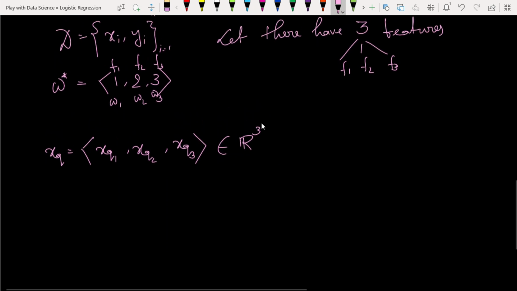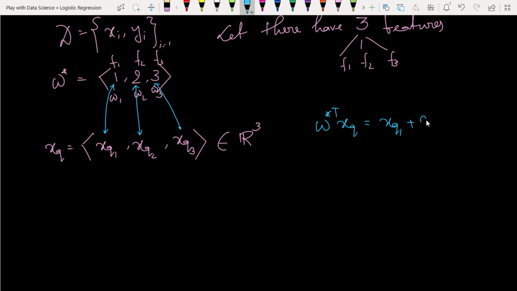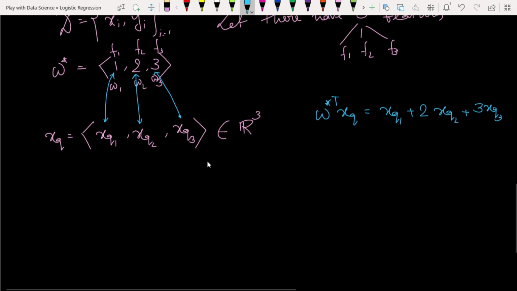If we want to calculate the multiplication of w star with xq, we multiply the corresponding components and sum them up. That is the dot product: xq1 plus 2 times xq2 plus 3 times xq3.